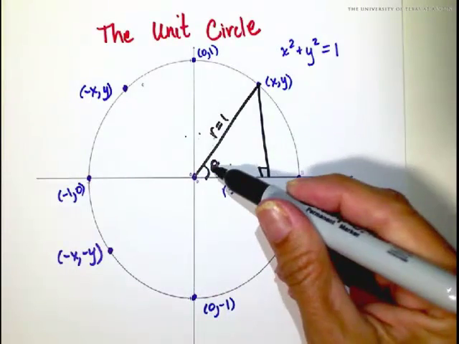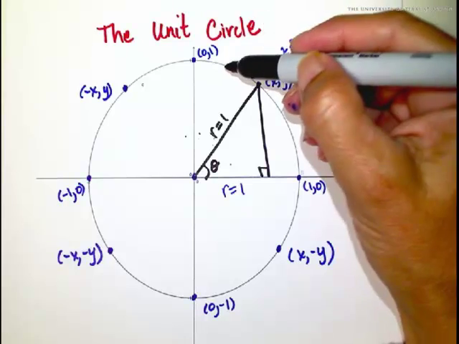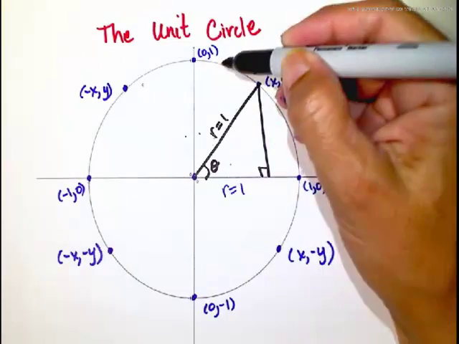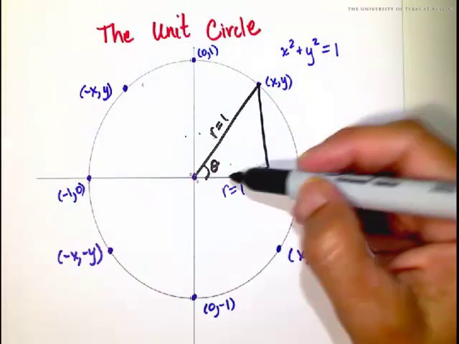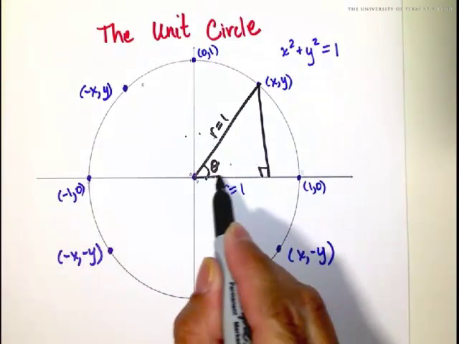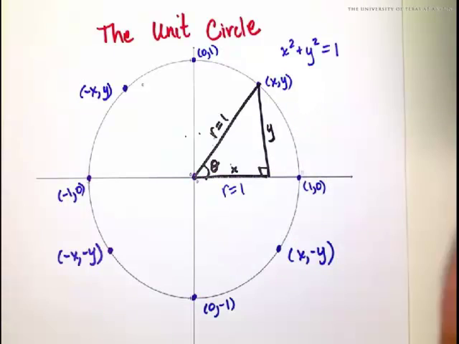And notice that theta corresponds to this particular point (x, y). If I were to move my point to somewhere else on the unit circle and draw its hypotenuse, I would get a new angle. So this theta corresponds to this point (x, y). This distance right here is x, and then this distance right here is y.